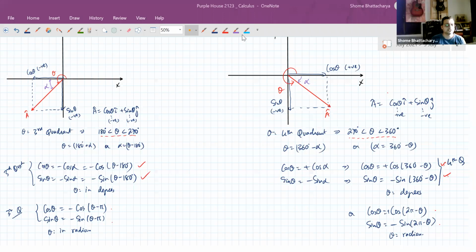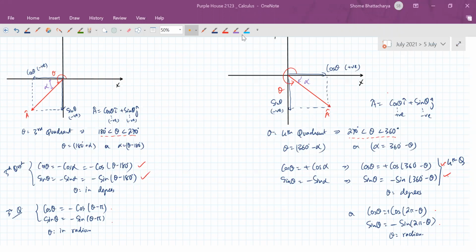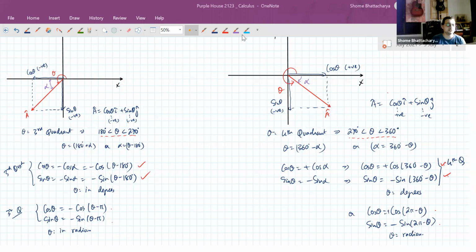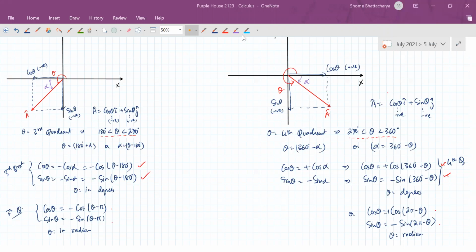So for example, if you write your theta as 300 degrees, 300 comes in that range. So in that formula, what will sine 300 become? Sine 300 on the left hand side will be, on the right hand side, minus of sine 60. So now you understood why it comes out to be minus root 3 by 2.